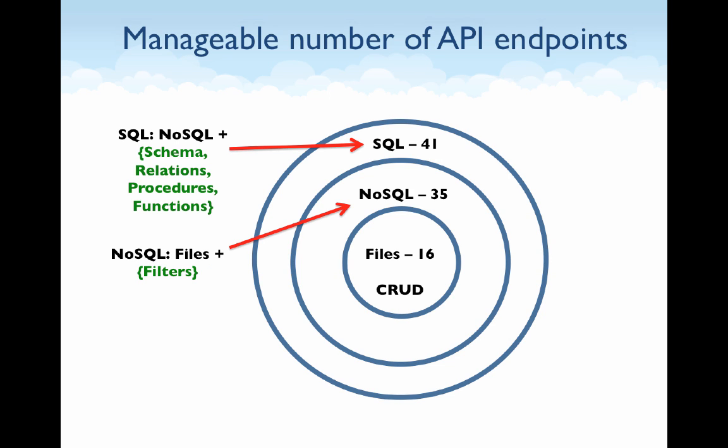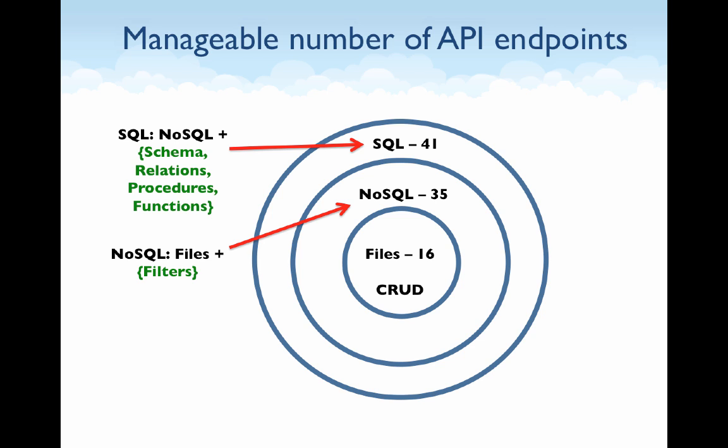A little bit more about that, just to explain the concept. With our open source project, for example, we have 16 API endpoints to do create, read, update, delete on files, and then 35 endpoints for NoSQL. These are parameterized endpoints. The only real difference is that you have filters that you are able to call with NoSQL.